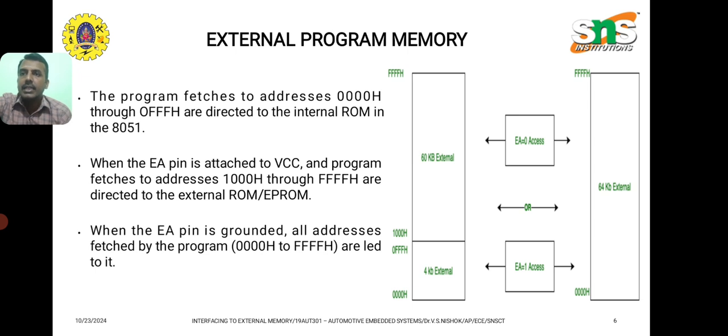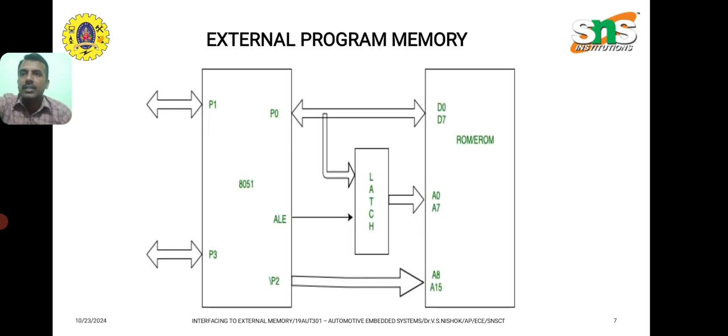When EA pin is attached to VCC, program fetches to addresses 1000H to FFFFH are directed to the external ROM. When EA pin is grounded, all addresses are fetched from the external ROM. So here is the basic block diagram of how we can interface the 8051 with the external read-only memory.